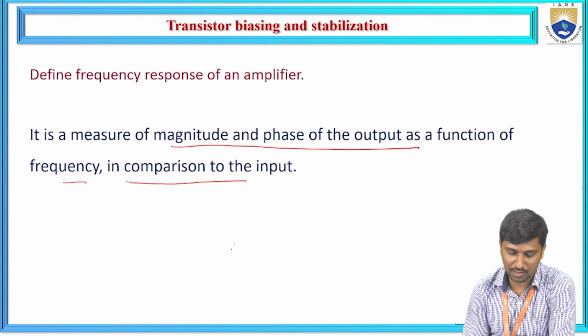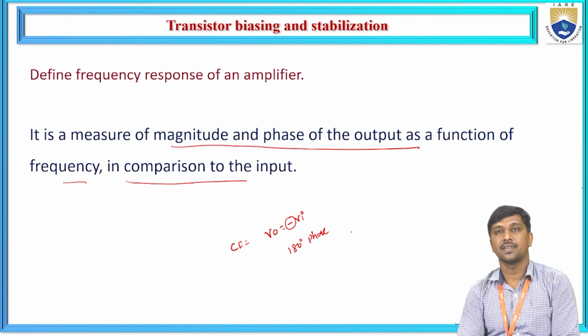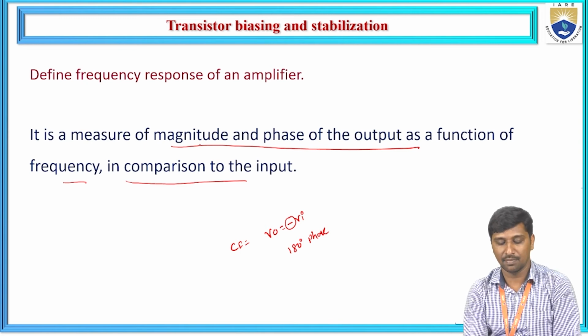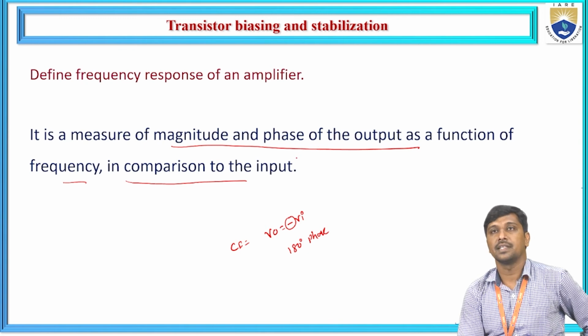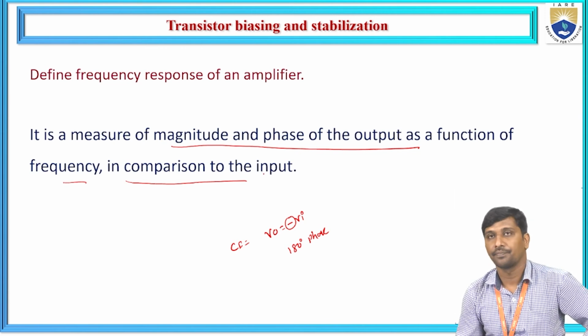In a CE amplifier we know that V0 is equal to minus AV, which means a 180 degree phase shift with respect to the given input signal. From the frequency response we can identify the maximum gain as well as the phase of the output with respect to the input signal.